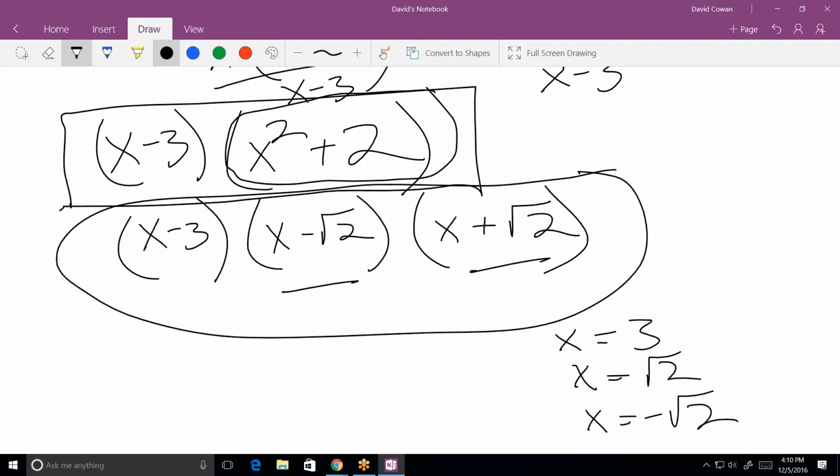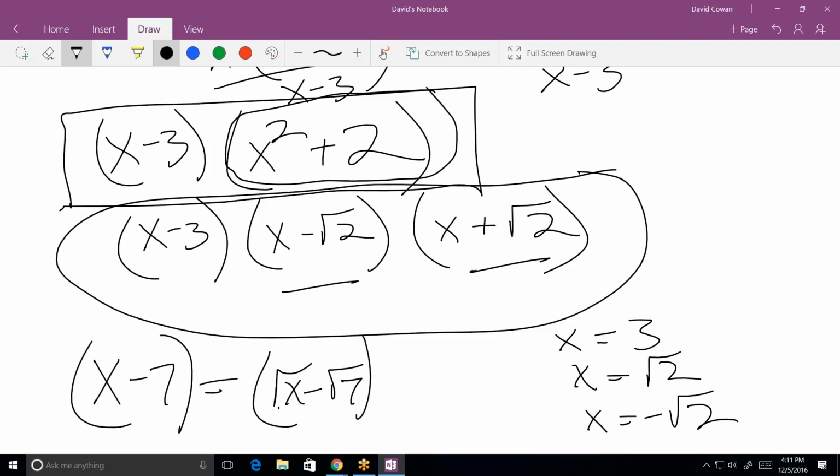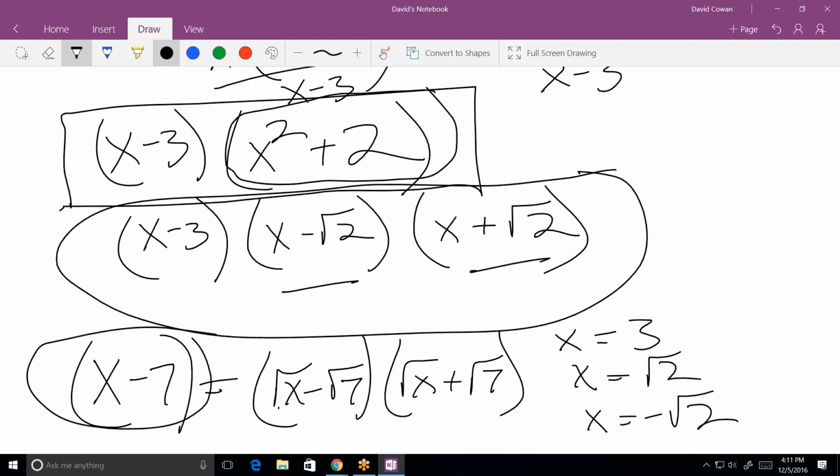It's only in Algebra 1 and maybe geometry that they call it difference of perfect squares. Guess what? If I have the expression x minus 7, that factors into square root of x minus square root of 7 times square root of x plus square root of 7. So it factors even though neither of those are perfect squares.